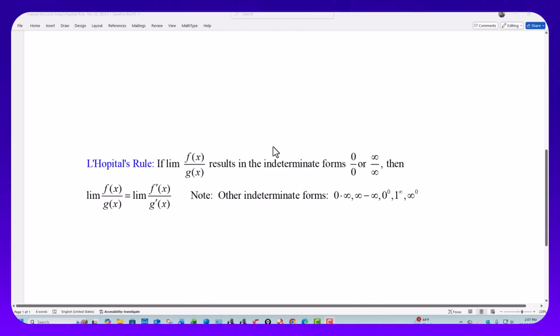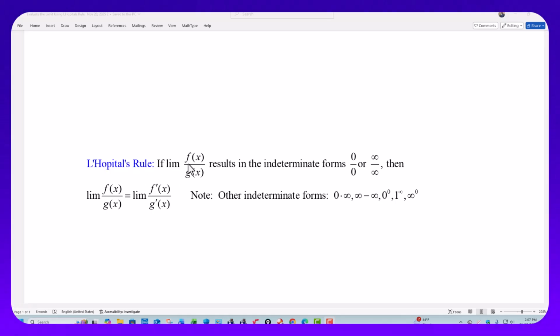So here's a statement that we've been using. L'Hopital's rule states if the limit of f of x over g of x, and the limit could go to any value, infinity, negative infinity, you plug it in, you get one of these forms: 0 over 0, infinity over infinity, 0 times infinity, infinity minus infinity, 0 to the 0, 1 to the infinity power, infinity to the 0. Those are all indeterminate forms.